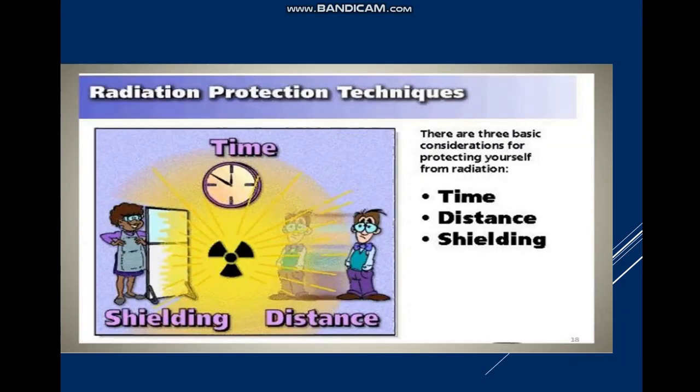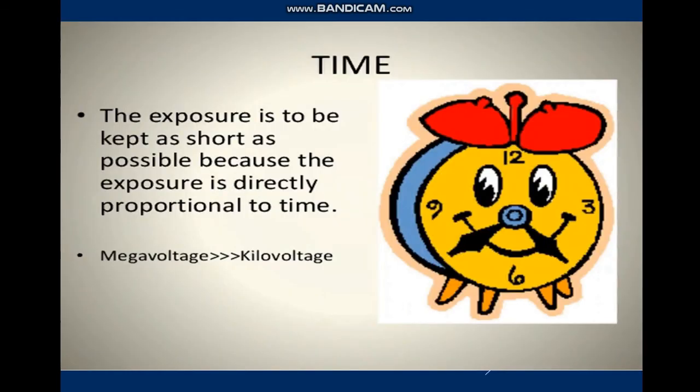That is, in medicine we use three main types of radiation protective methods: time, distance, and shielding. First of all, I will explain protection with time.